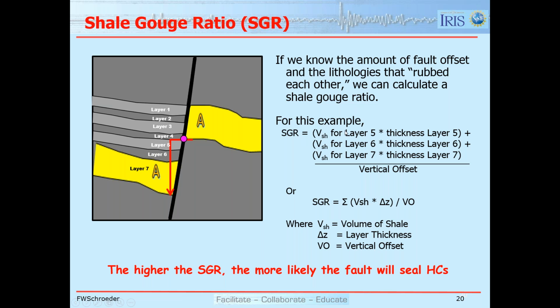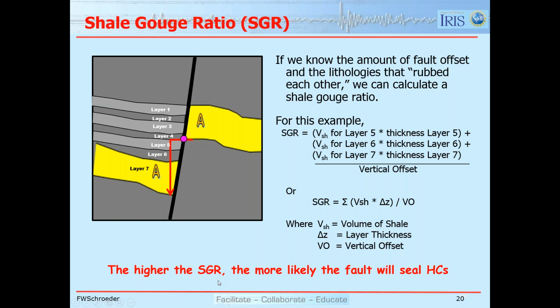We take the volume of shale from layer 5, so this guy, multiply it by the thickness of layer 5, and then layer 6, and then layer 7, and we take that addition and divide it by the vertical offset. That gives us a quantity that's referred to as this shale gouge ratio. And the higher the shale gouge ratio, the more likely it is that the faults will seal hydrocarbons.